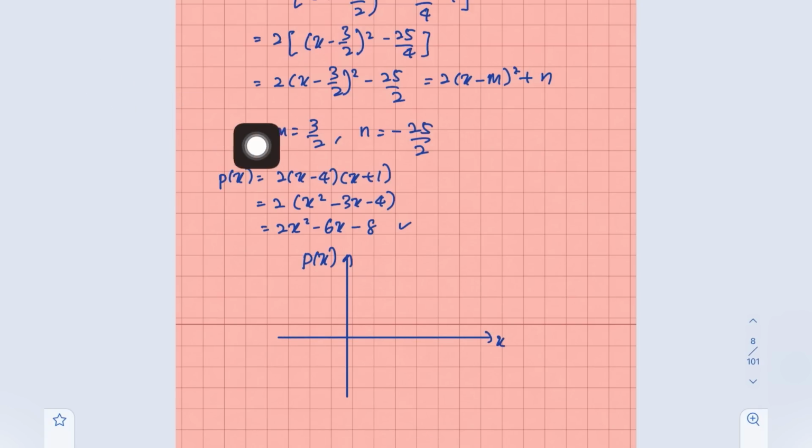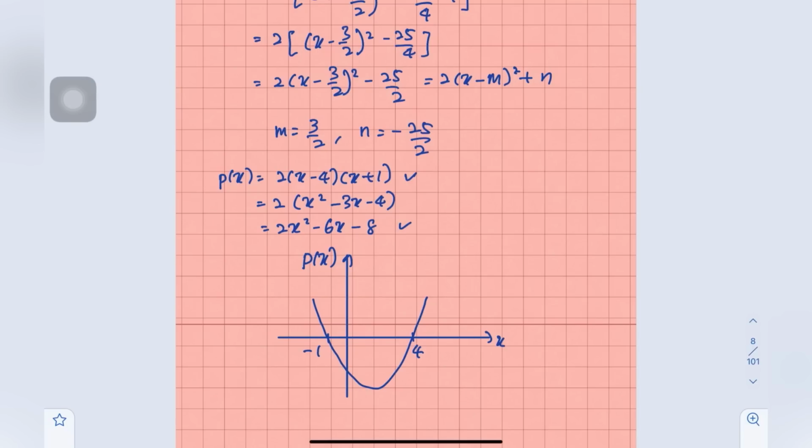Okay, from this, we know that this is a quadratic function. So parabola, a is 2, so a smile curve, a parabola with a minimum point. Okay, with the roots negative 1 and 4. So parabola, smile, negative 1 and 4.